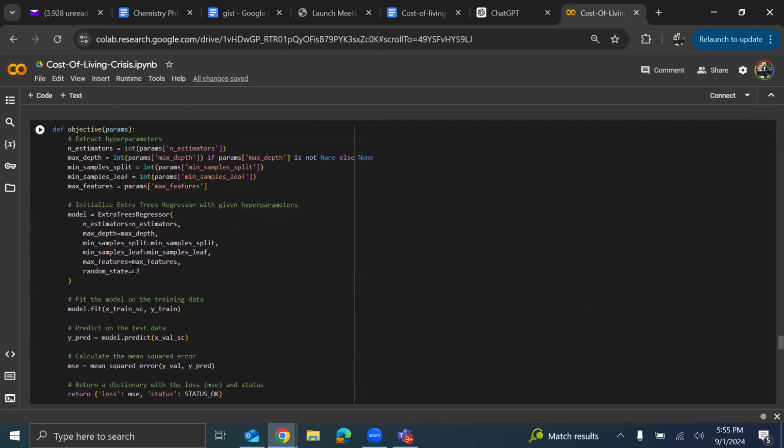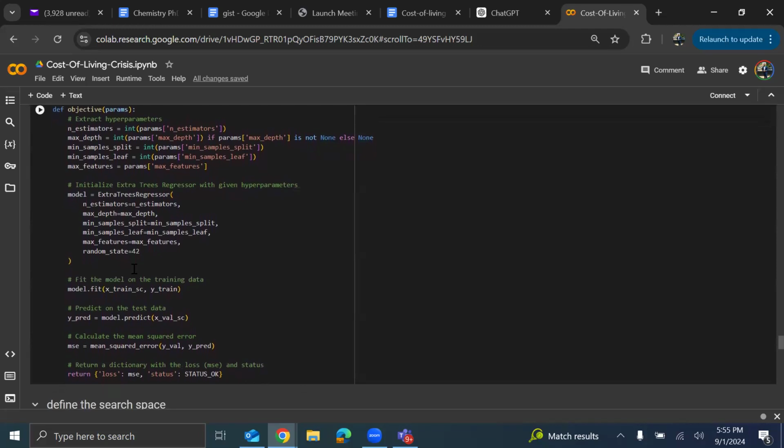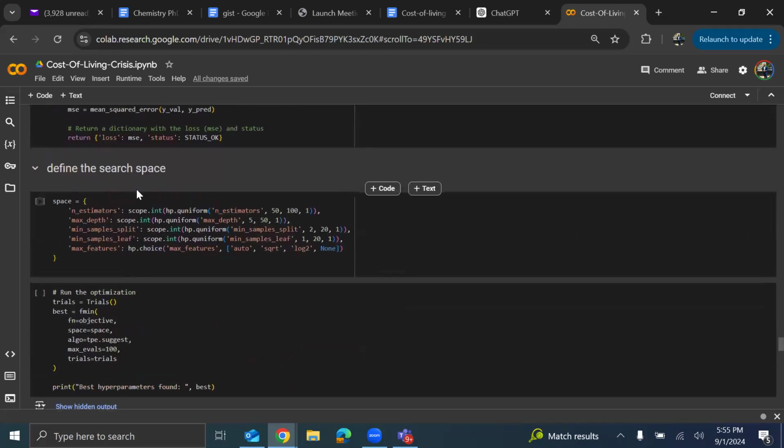This is my search space: I want the number of estimators to be from 50 to 100, increasing in ones, so 50, 51 to 100. And then the maximum depth to be from 5 to 50.